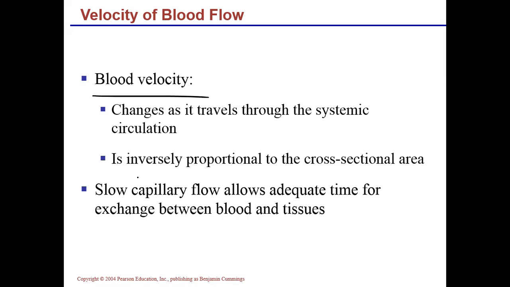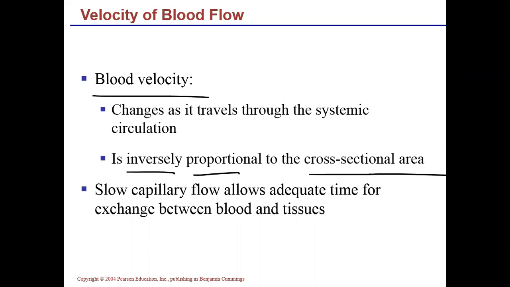It is inversely proportional to the cross-sectional area. Inversely proportional. What does that mean? That means when you have a lot of cross-sectional area, the velocity is lower. All right. And opposite, when you have less cross-sectional area, the velocity is higher. All right. So let's go ahead and take a look at that.